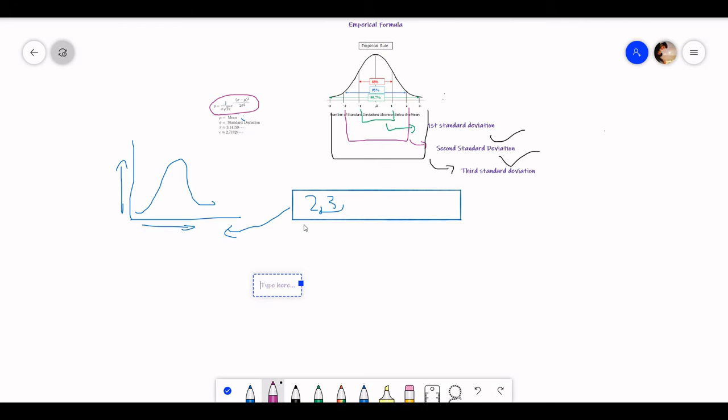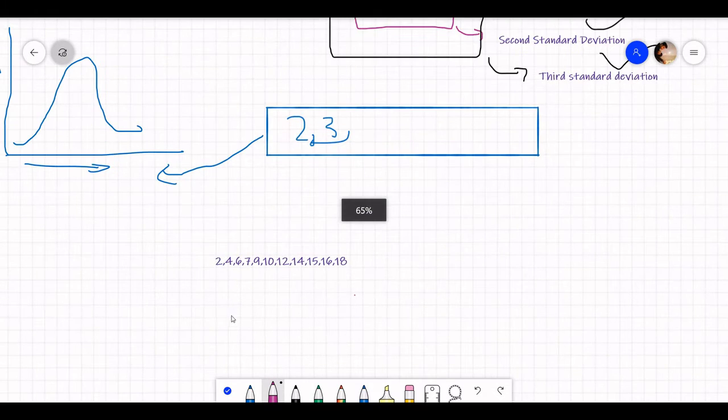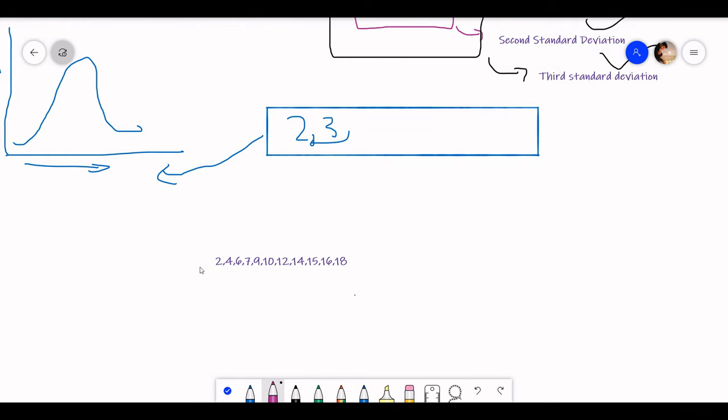So I'm taking random data like 2, 4, 6, 7, 9, 10, 12, 14, 15, 16, 18. This is the random data I take, and it is our x-axis.